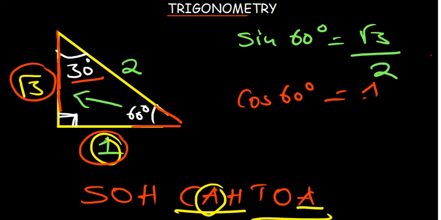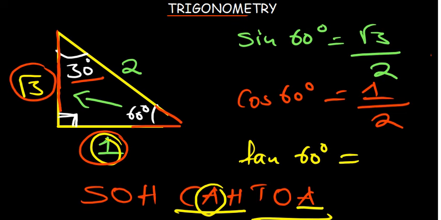So it's 1 over the hypotenuse, which still remains 2. And then tan 60 is going to be what? The opposite is root of 3, and the adjacent is 1. So this is just that.